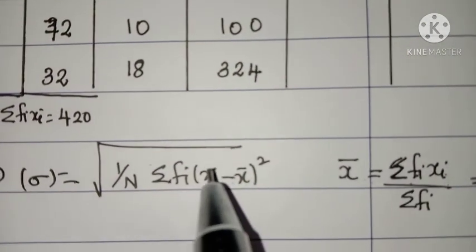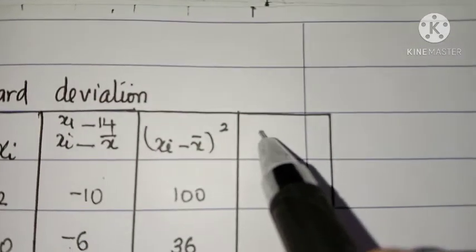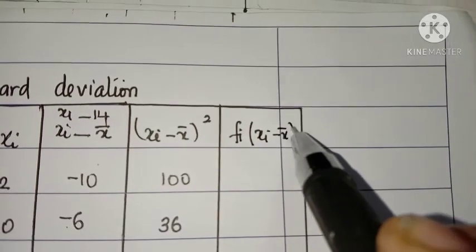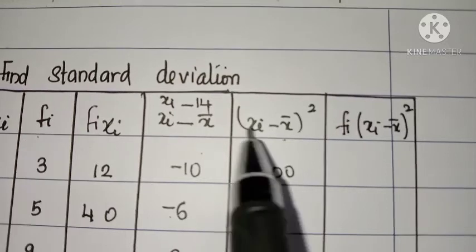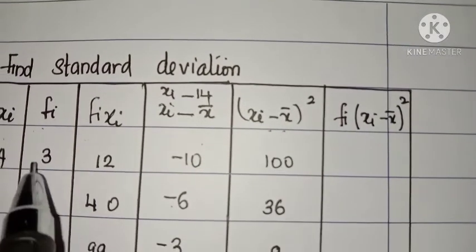Now we need to multiply this square with fi. So our next column is fi into (xi minus x bar) whole square. Multiply these two columns.